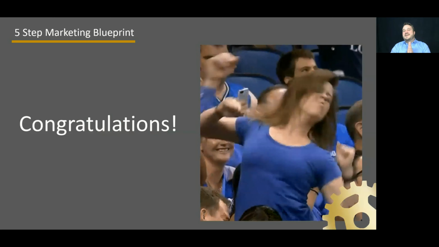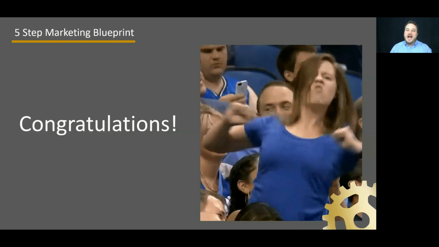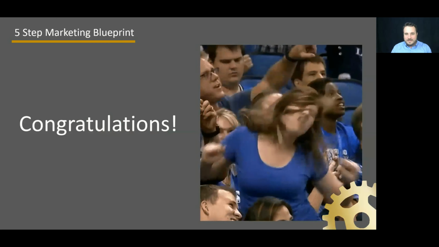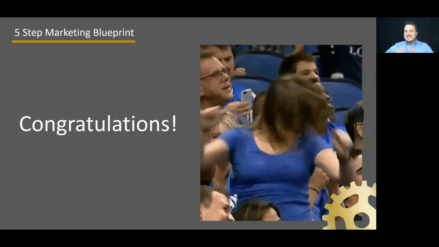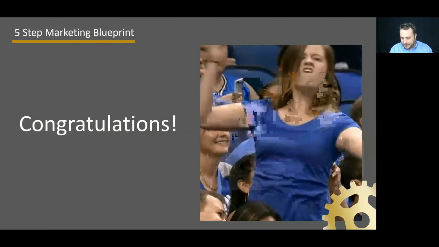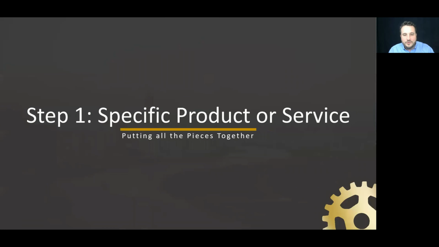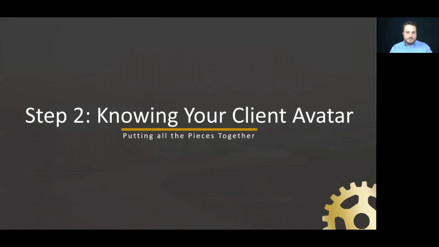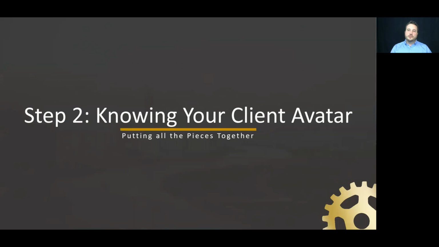You have done it. You have put together your 5-step marketing blueprint so you can stop investing in ads, start investing in clients, and start to get some serious results, right? You have now gone through the process of identifying a specific product or service that you want to market. You know who you're going to market it to and exactly what they want and how they want it.